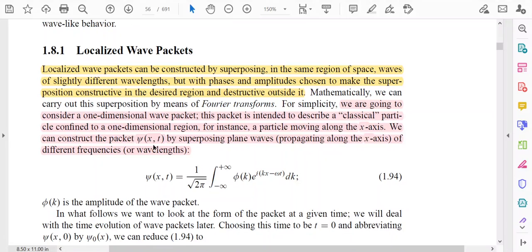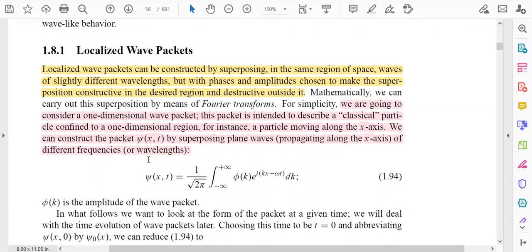The wave packet is psi(x,t), and we are describing psi(x,t) by superposing plane waves propagating along the x-axis with different frequencies or wavelengths. So psi(x,t) is the superposition of plane waves of different frequencies or wavelengths.